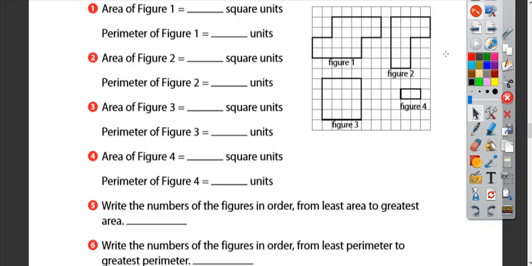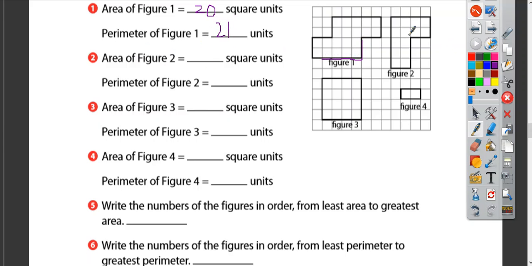Okay, area of figure 1 is how many square units? By counting the tiles here, you will get 20. The perimeter of figure 1, after you count all these units here, you will find that it is 21.